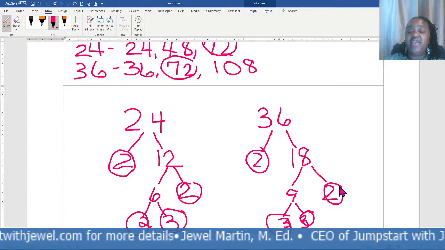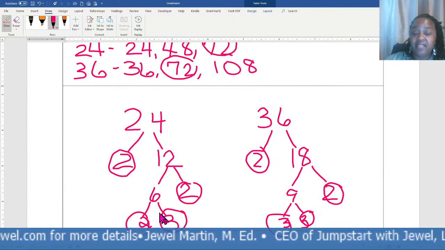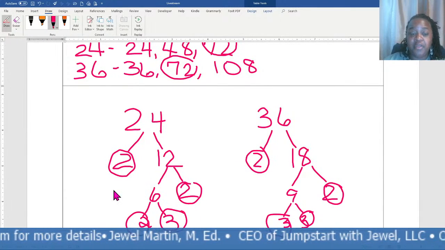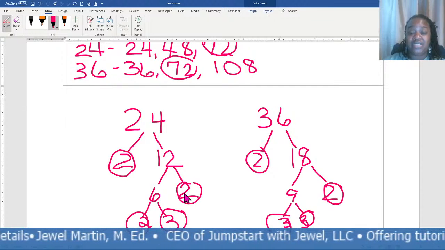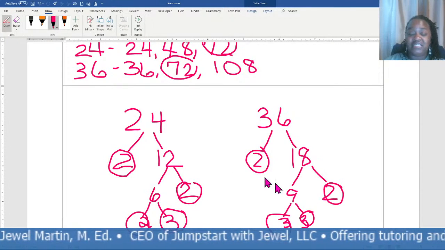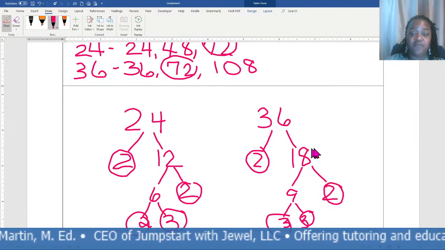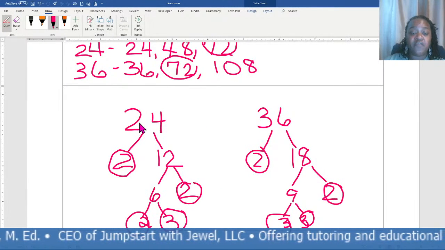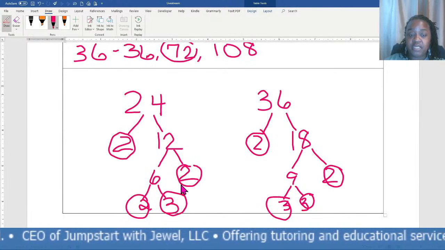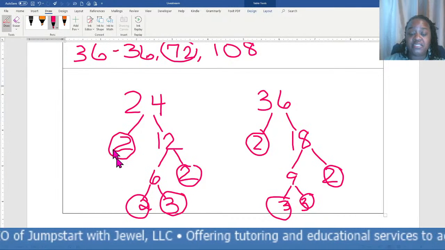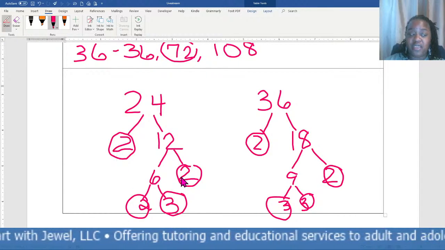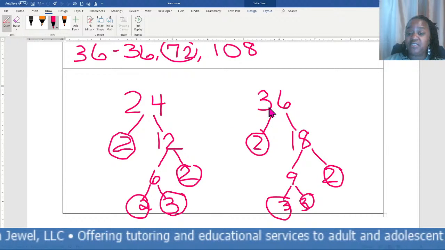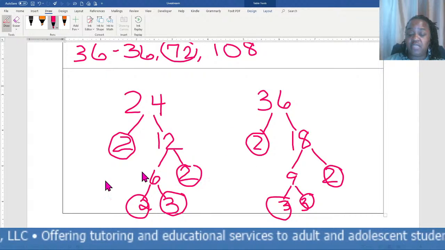So to find the LCM, you look at each number and how many times the factors were listed. What's the most times that a factor was listed in any one number? So 24 and 36. In 24, the number 2 is listed 3 times. Got a 2 here, a 2 there, and a 2 there. In 36, 2 was listed 2 times.